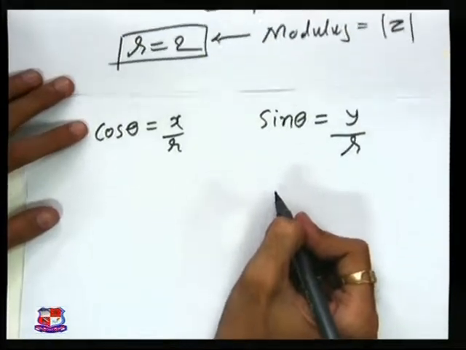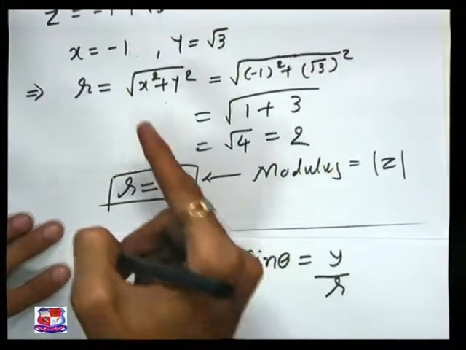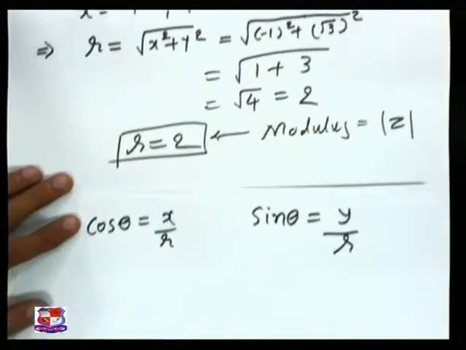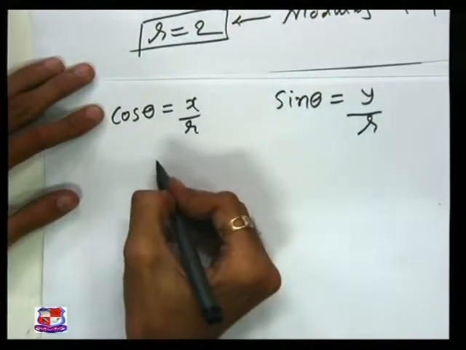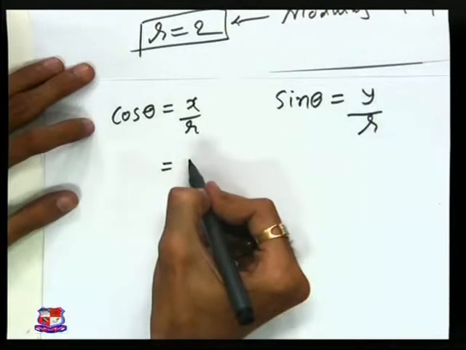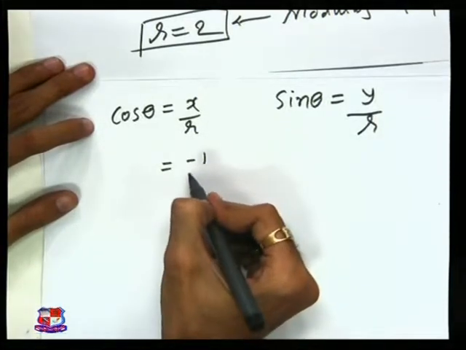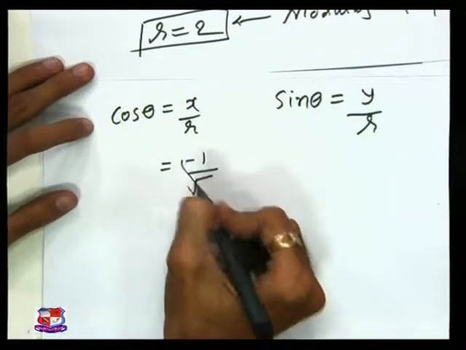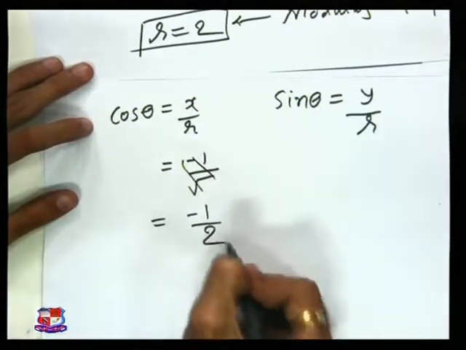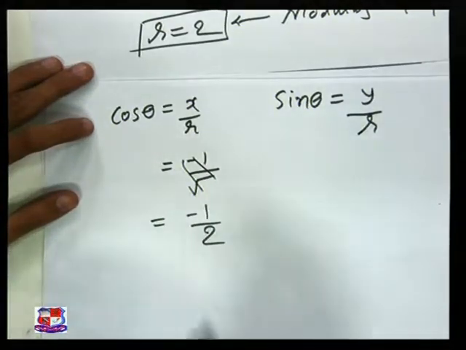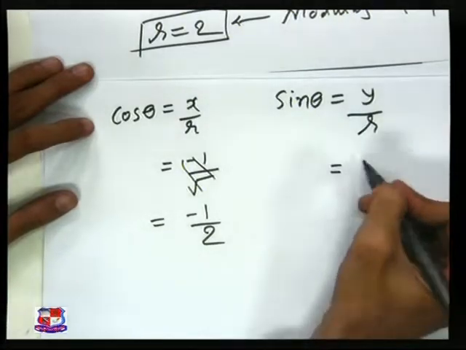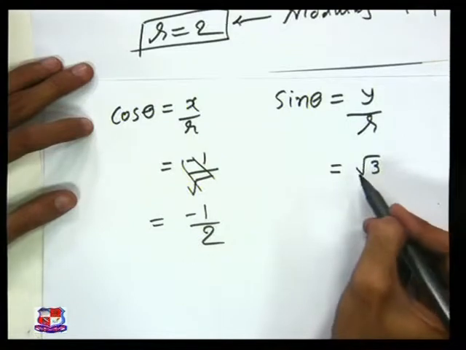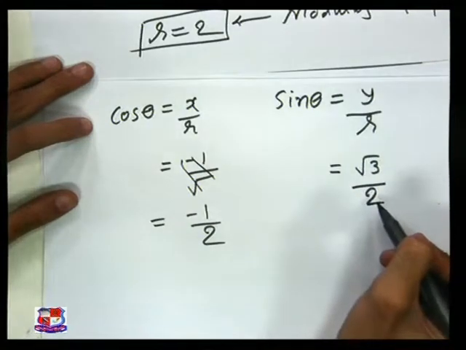We have x is equal to minus 1 and y is equal to root 3, so cos theta is equal to minus 1 upon 2, where r is equal to 2, and sin theta is equal to root 3 upon 2.